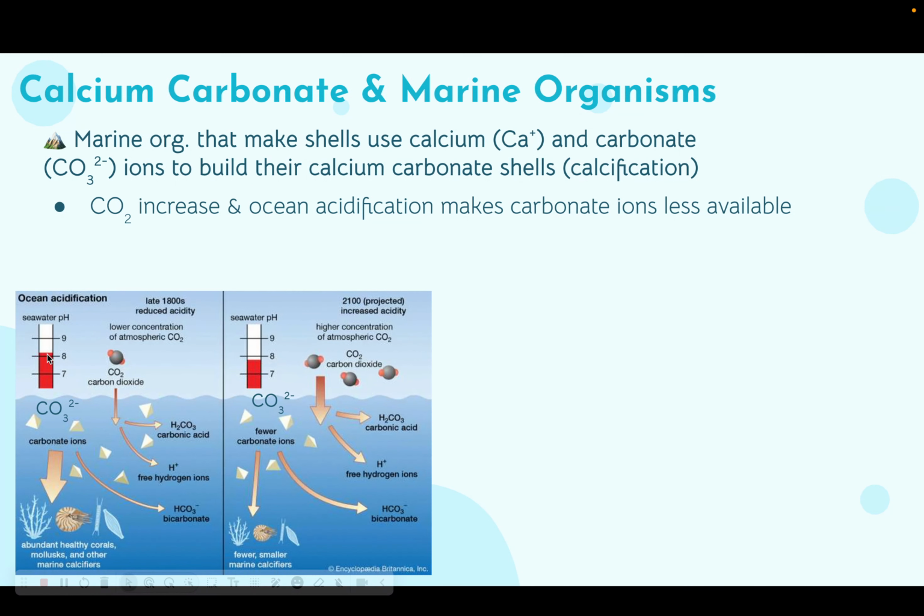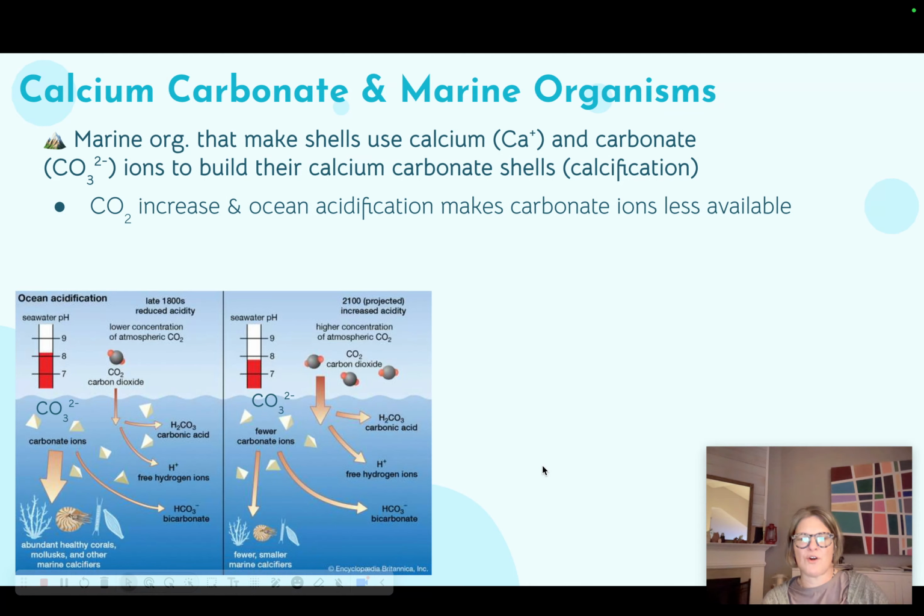And we can see that seawater's pH used to be alkaline. It was just over 8, in the low 8.1 range, 8.2 range. Now we're seeing that that is actually dropping down below 8. So we're in the high 7 range, which again can really throw some organisms outside of their range of tolerance. If they prefer more alkaline water, now they have closer to neutral water, which can be a real problem.